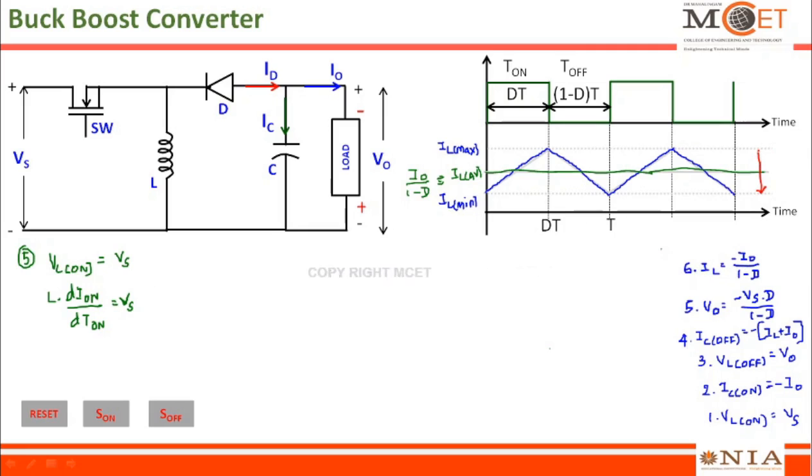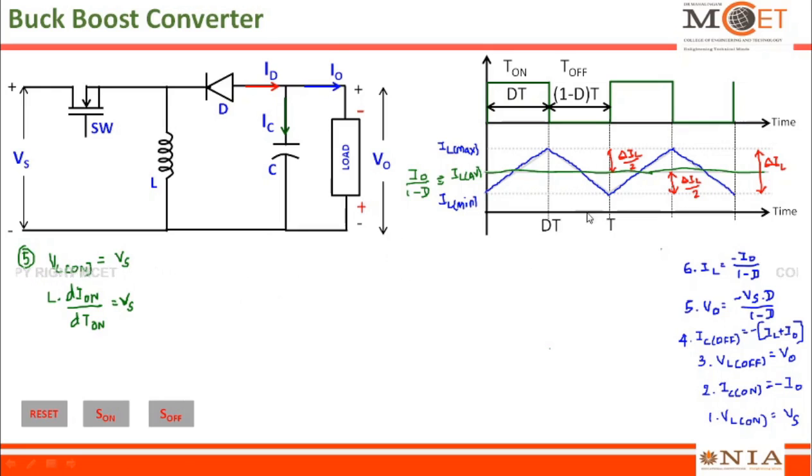This is what I call delta IL. If I look at this part alone, this is half of this, so delta IL by 2, and this part is another half, another delta IL by 2. During the on time, the current is varying from minimum to maximum, which is what we call delta IL.